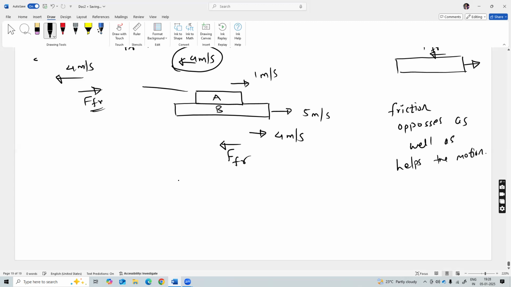So this is how it works. Is it clear till now?